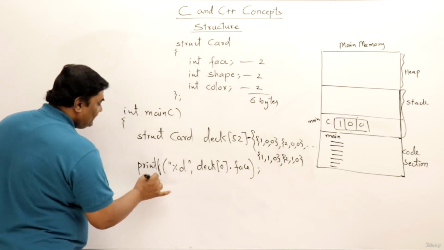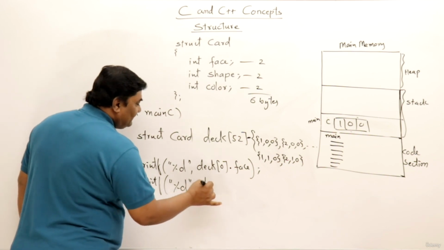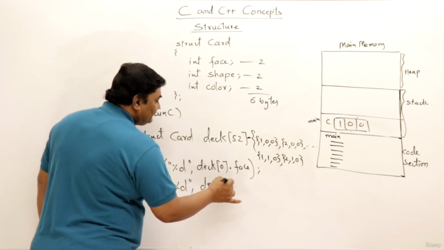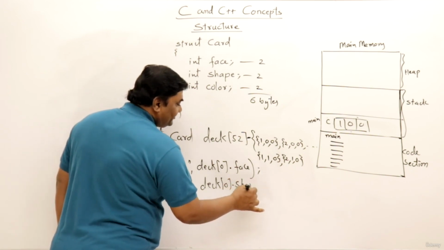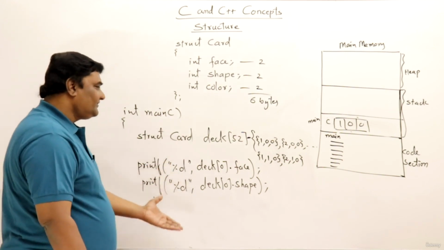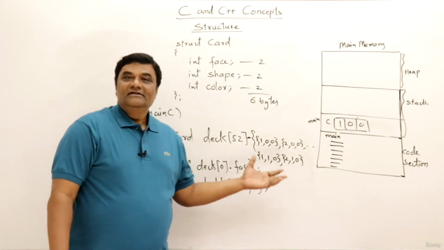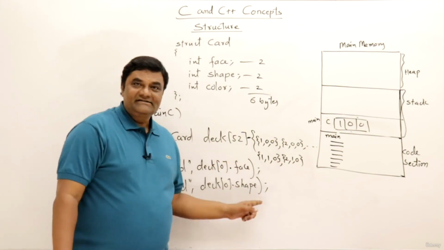Then printf next %d and deck of 0 dot shape. So I can display shape. That's it. I can display other things also, like colors also I can display. So this is how, by using array name and then the index, I can access it.